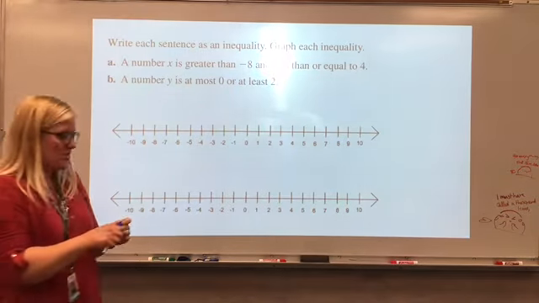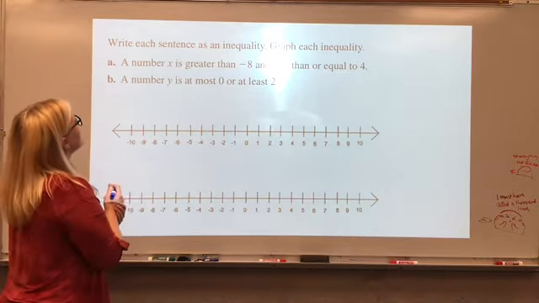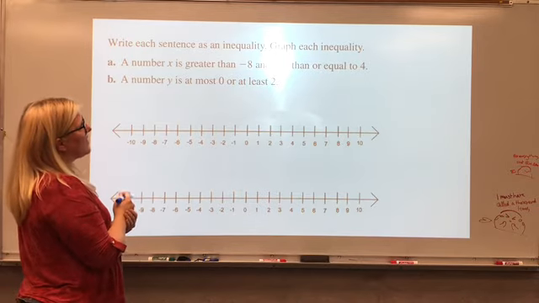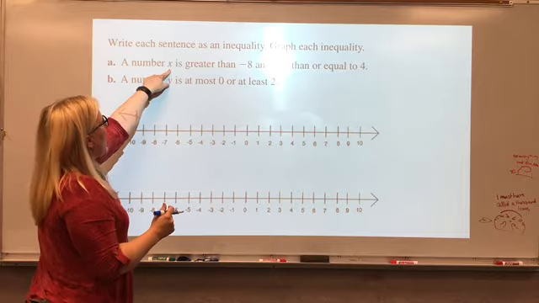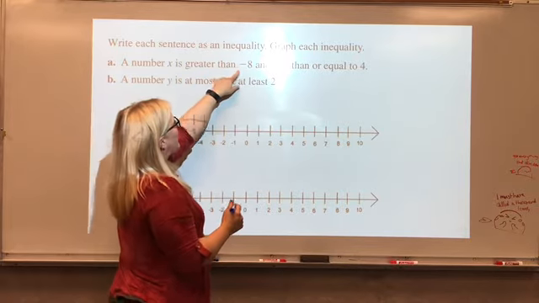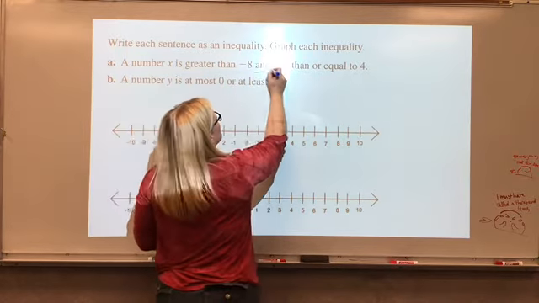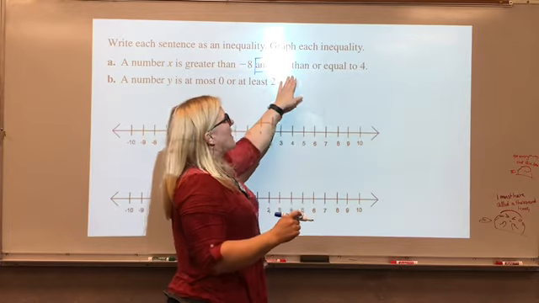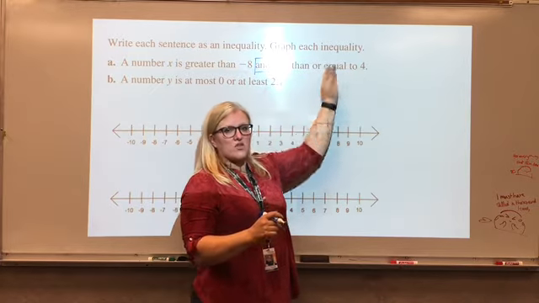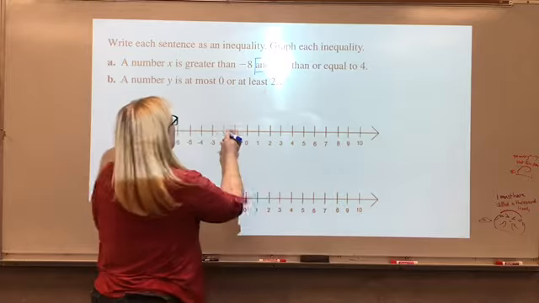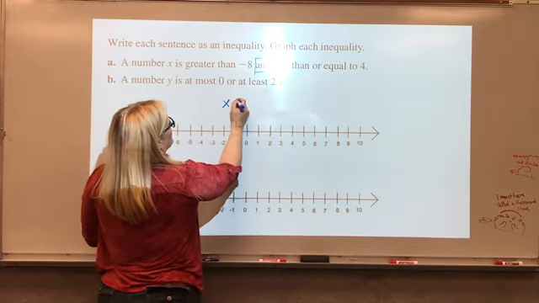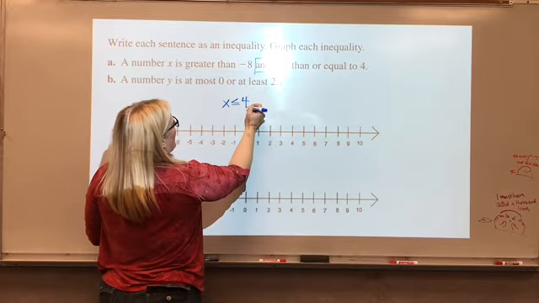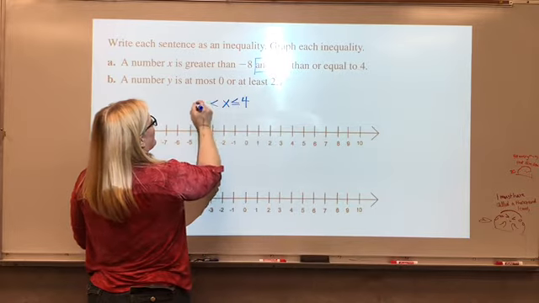All right, so let's look at this. It says write each sentence as an inequality and graph each inequality. A: A number X is greater than -8 and, there's our key word, less than or equal to 4. So this means we're sandwiching in the X. So I've got X, it's less than or equal to 4, and it's bigger than -8.